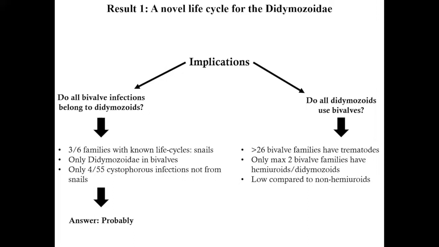So whereas we have only 2 for hemiurids, we think that what happened was a host shift within the didymozoids, where one branch of them took to start using bivalves, whereas maybe the bulk of the didymozoids is still to be found in snails. Obviously, we can't prove that because we haven't explored all the populations of all the bivalves in all the world, but that looks to us quite a parsimonious explanation.